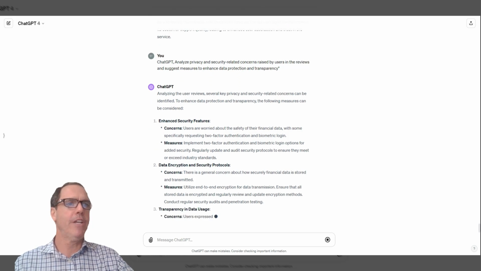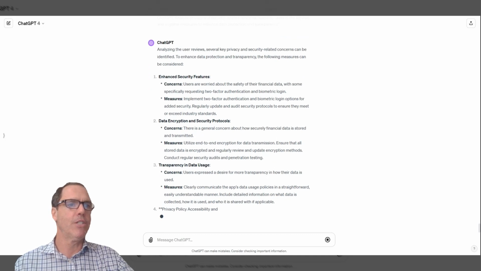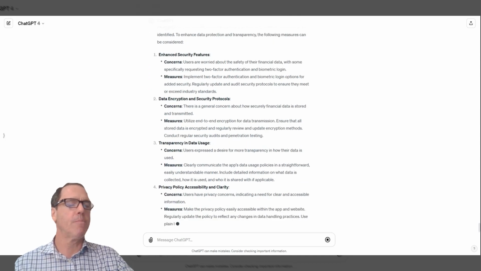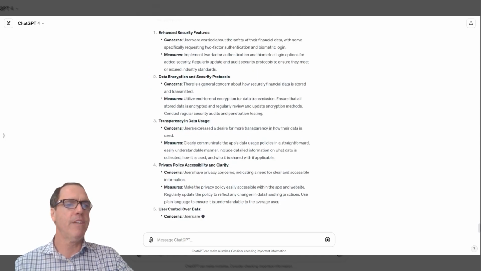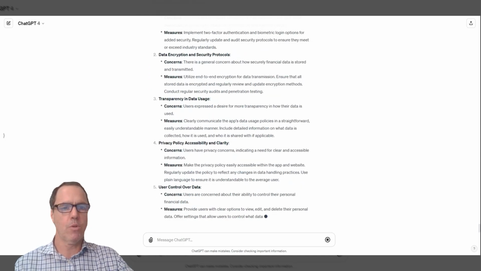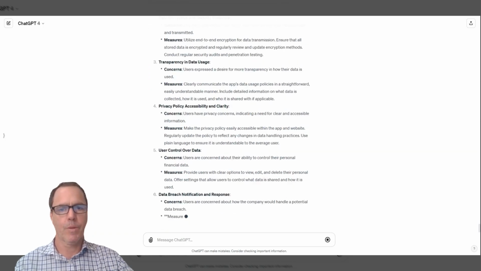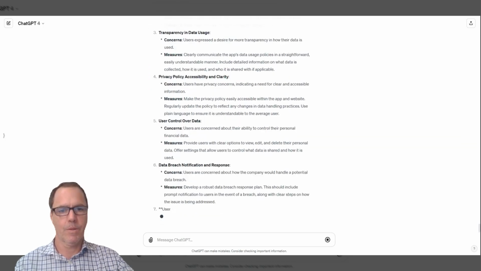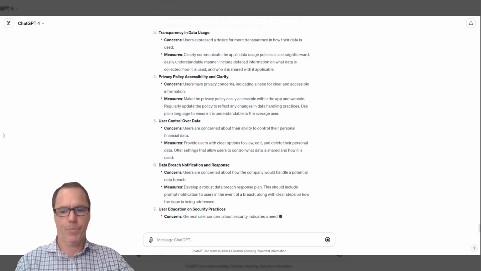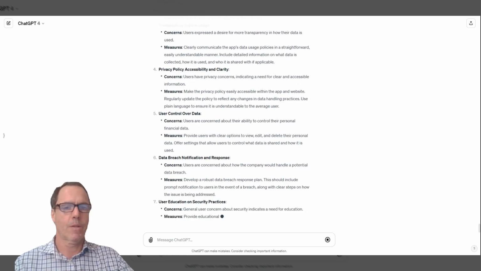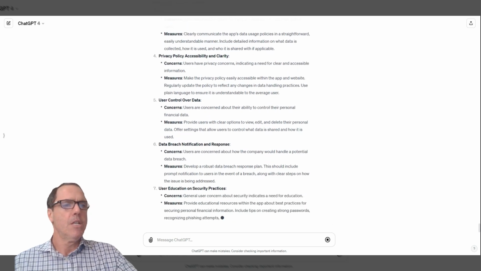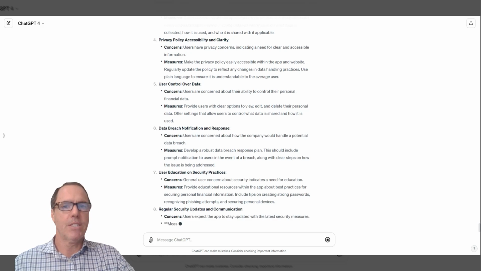Okay, enhanced security features, data encryption, transparency in data usage. These were all concerns mentioned by customers in the feedback and reviews that we'll want to address. All right, so it's giving us a lot of ideas.